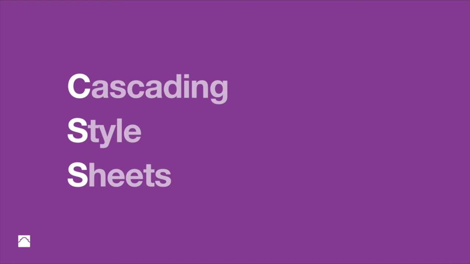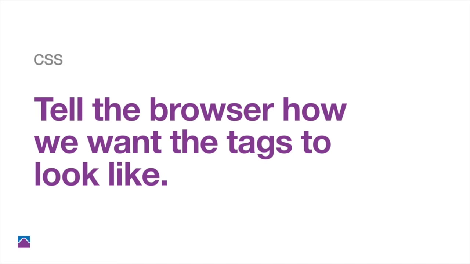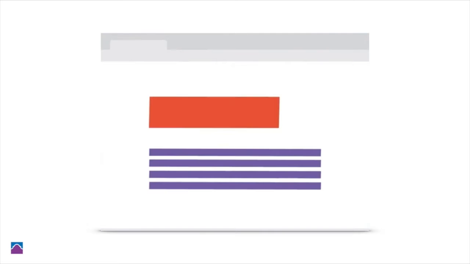And then you use CSS, which is cascading style sheets, to style them. I'll be going over CSS in a different class, but CSS tells the browser how we want tags to look. So we can say we want this box to have a red background and this paragraph text to be purple.